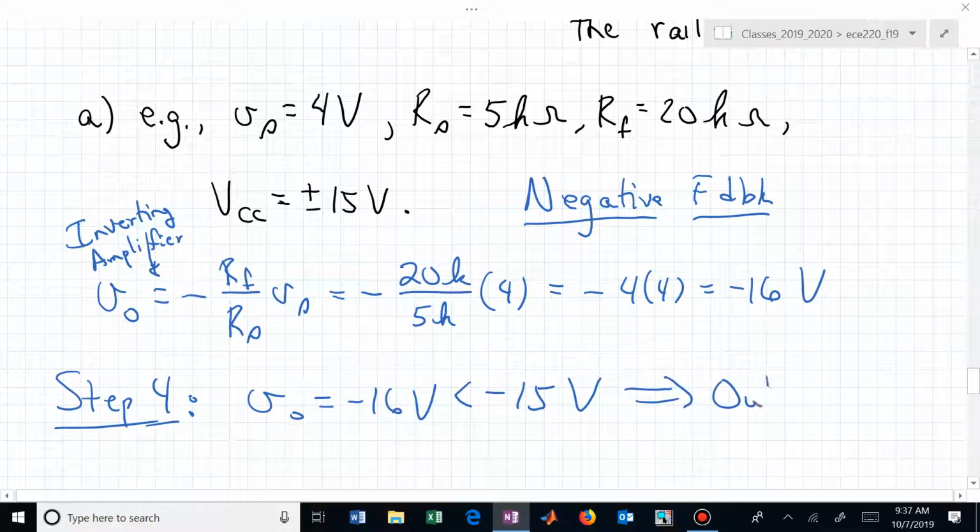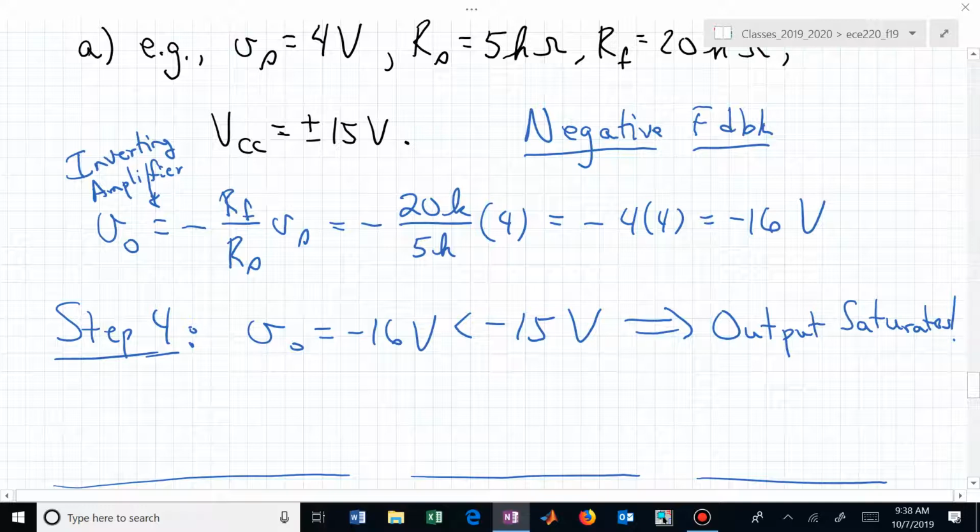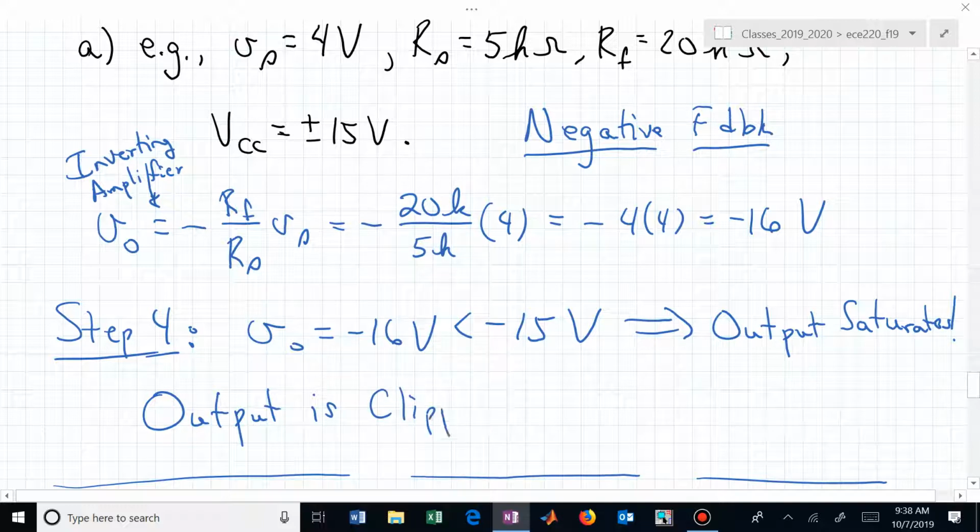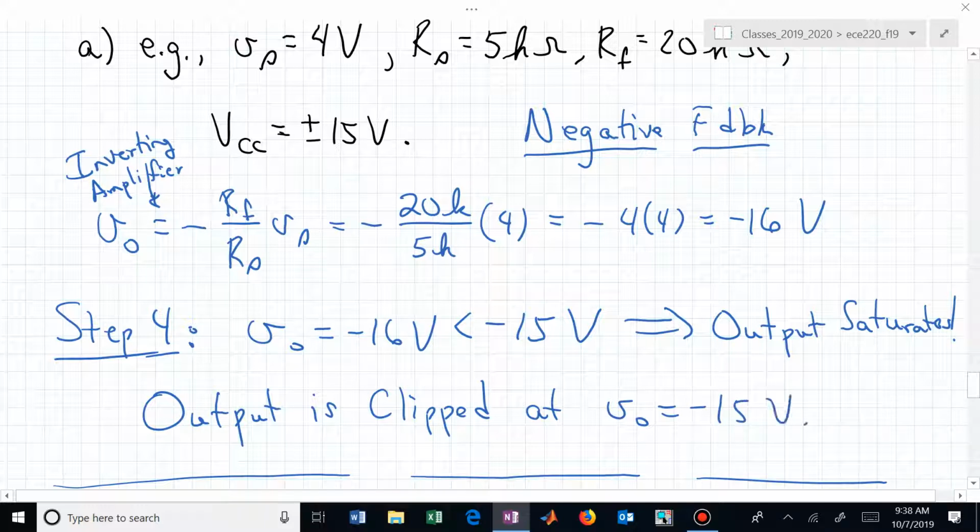That says that our output is actually saturating. And we now have to say, well, the output is actually going to be clipped. You might hear this word used occasionally. Now the output is clipped at its lower limit, its negative supply rail voltage of minus 15.